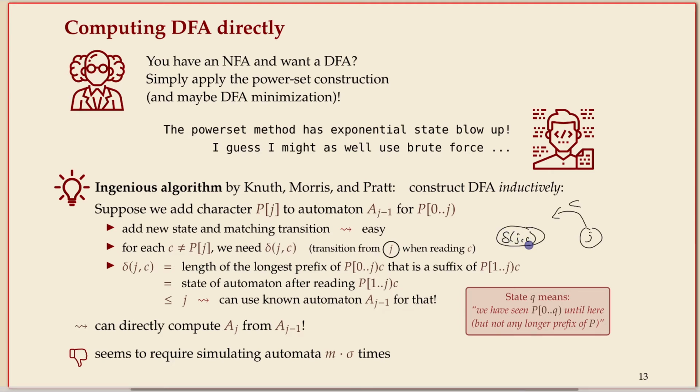That's the target of this arc. And we want to know where this is. Now, remembering the invariant, it is the state, so it's the length of the longest prefix of this text, of this thing, that we can find, so that it's always also a suffix of this. So I think this is best shown in a little picture on the side.